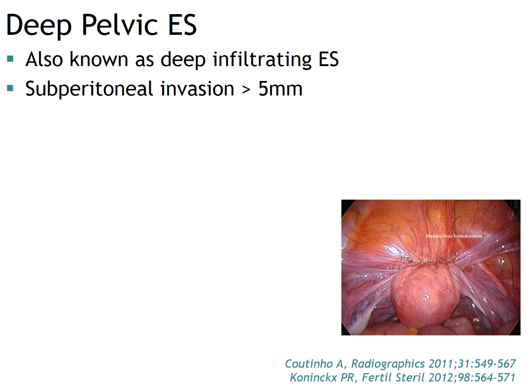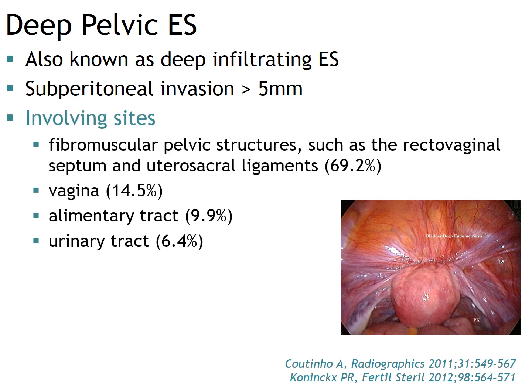Deep pelvic endometriosis, also known as deep infiltrating endometriosis, is a specific form of endometriosis that has subperitoneal invasion more than 5 mm in depth. Common involving sites are fibromuscular pelvic structures such as rectovaginal septum, uterosacral ligaments, vagina, alimentary tract, and the urinary tract.